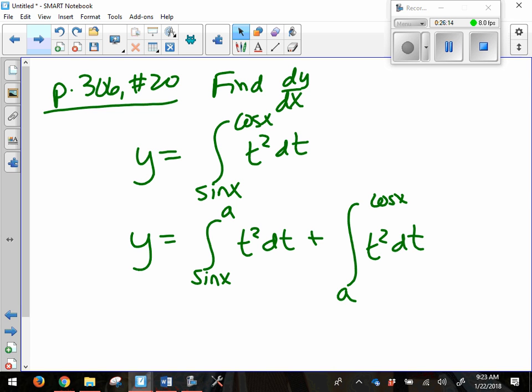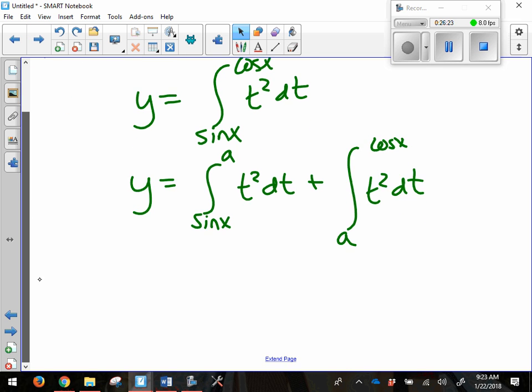And I can do that. Yep, so the second one is already a constant to something, but is the first one? So what am I going to have to do to the first one? Think about your properties of integrals. Yeah, I can flip my limits and put a negative sign in front.